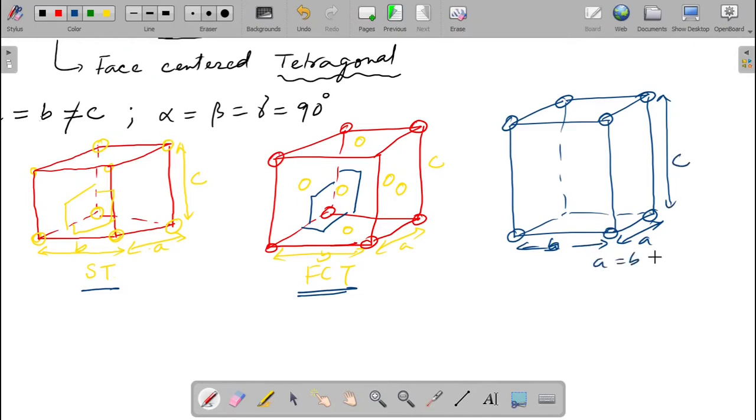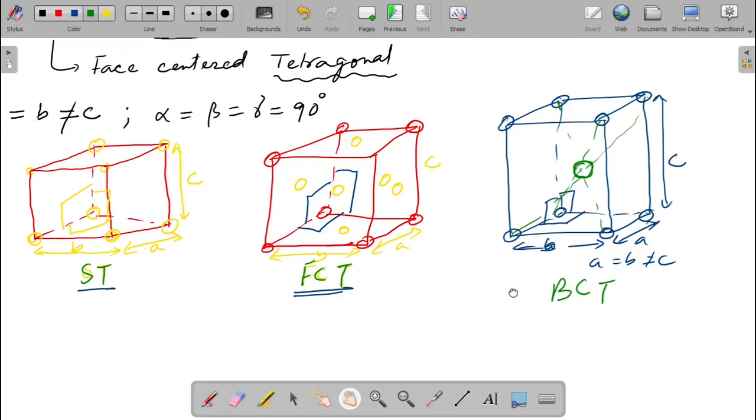So A is equal to B, not equal to C. These angles are 90 degrees. So these 8 atoms are there, and then there is a center atom, a body centered atom, at the center of this unit cell. The diagonals will pass through these atoms. So that's your BCT. This is FCT. This is simple tetragonal, face centered tetragonal, BCT.